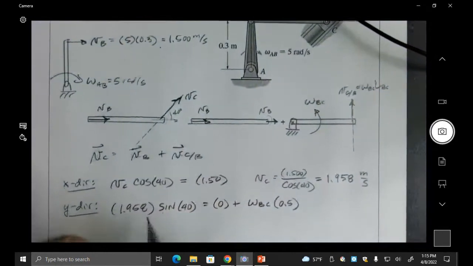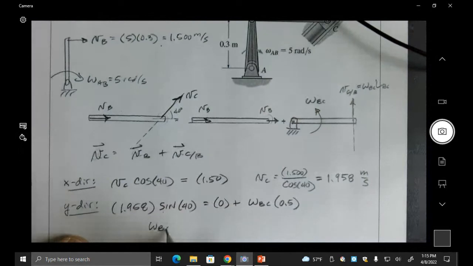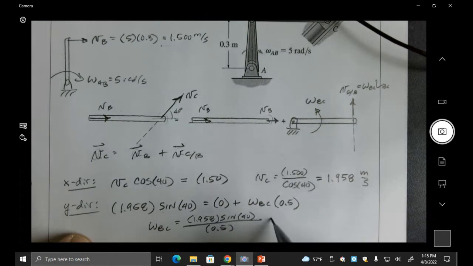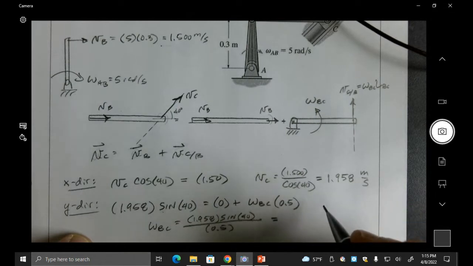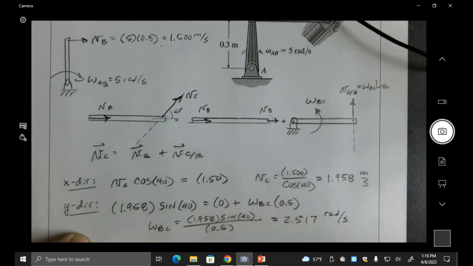And we can find that omega BC is equal to 1.958 sine of 40 divided by 0.5. And it should be equal, if I did this right, to 2.52. I would like to have an extra decimal place. Thank you very much. 2.517 radians per second.